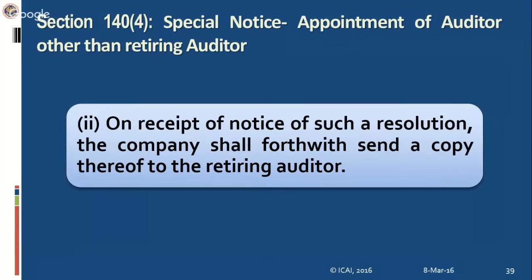On receipt of notice of such a resolution, the company has received a special notice, and the company shall send a copy thereof to the retiring auditor.